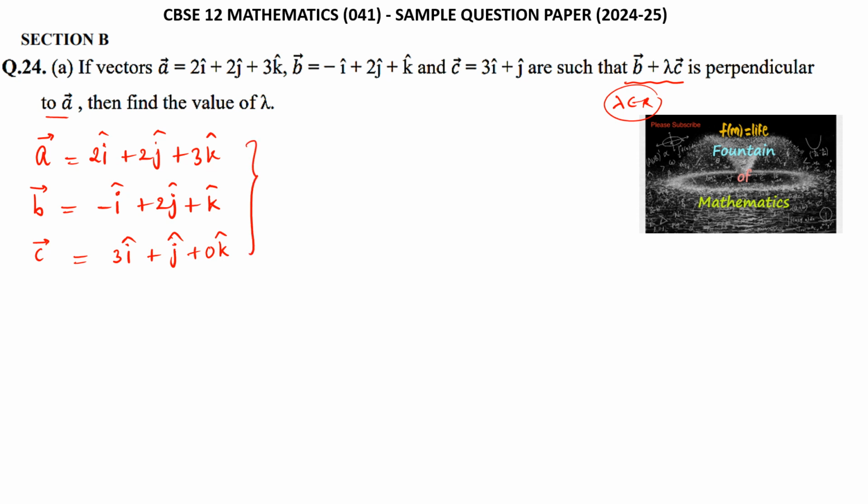So let us consider b plus lambda c. b plus lambda c is equal to minus i plus 2j plus k plus lambda times of vector c, that is 3i plus j plus 0k.